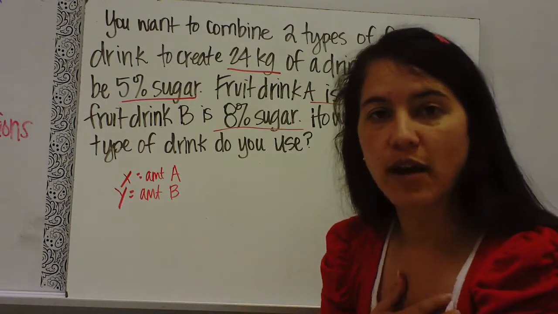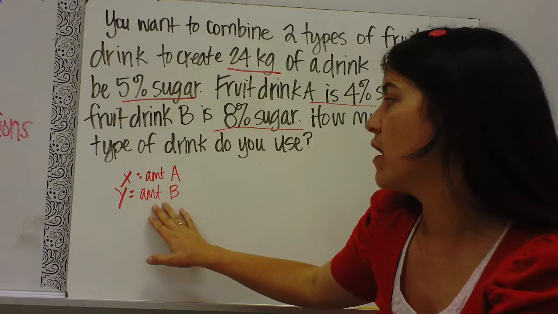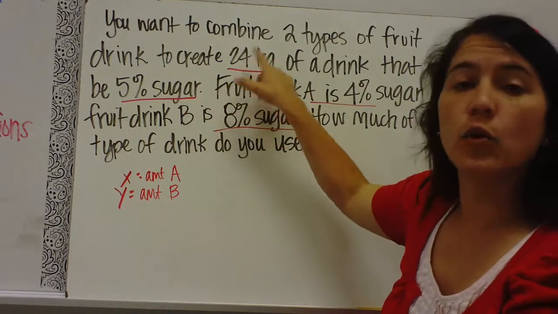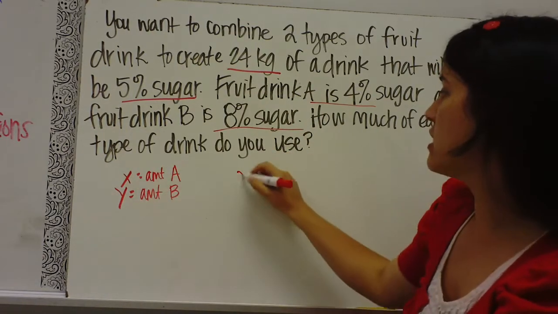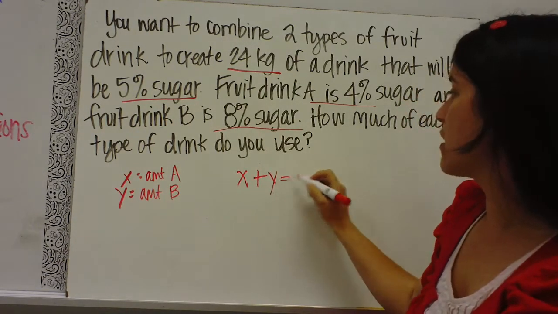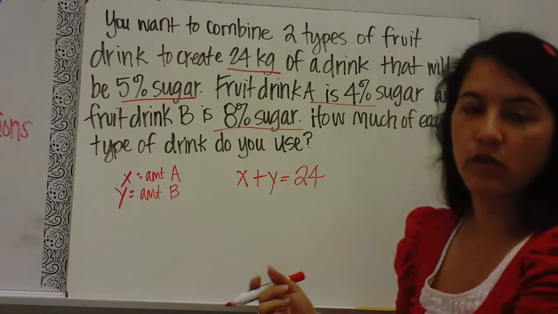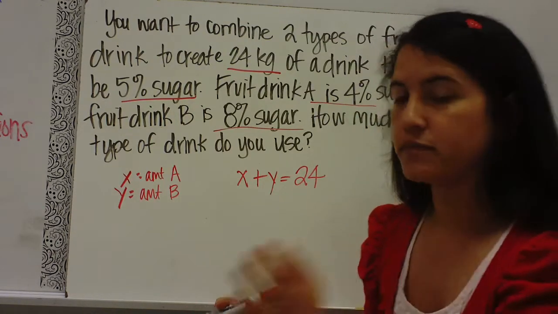The total we want to create is 24 kilograms. So we know that the amount of A, which is x, plus the amount of B, which is y, is going to equal 24. So that's like your sum equation. We know that A and B together is going to be 24 kilograms.